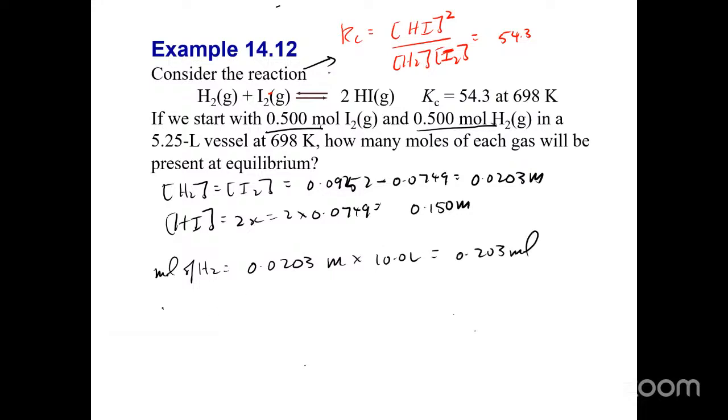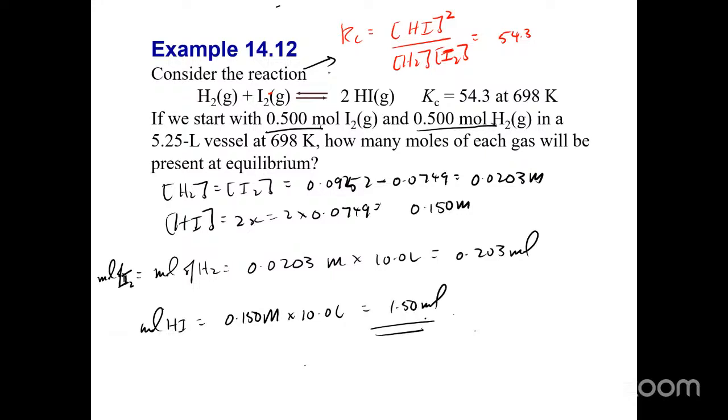This is also equal to the moles of I2, because remember, we said earlier that the moles of I2 and H2 in the final concentration will be the same. And then the moles of HI would be the molarity, 0.150 M, times 10.0 liters, which would be equal to 1.50 moles.